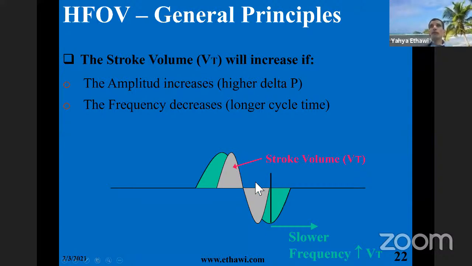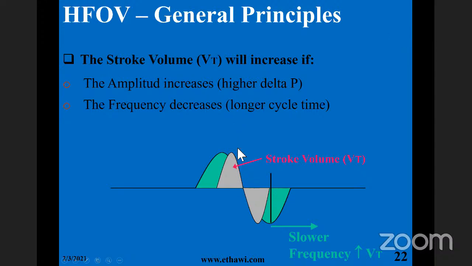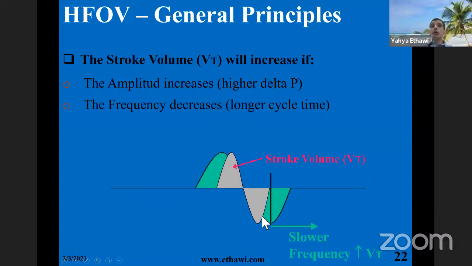So to increase tidal volume, we increase the amplitude to get a better delta wave, which is the difference between amplitude and the map on either side, or we drop the frequency to give more room for the waves to get bigger and achieve the tidal volume.